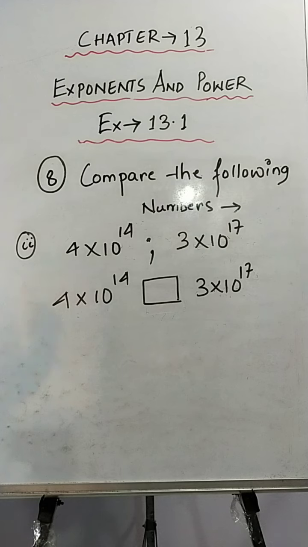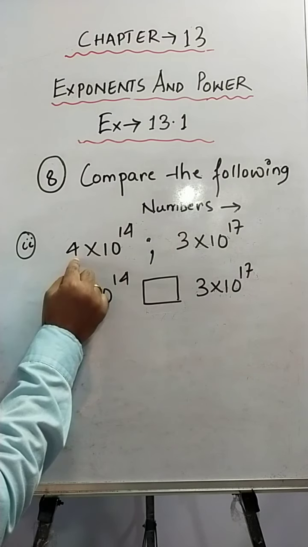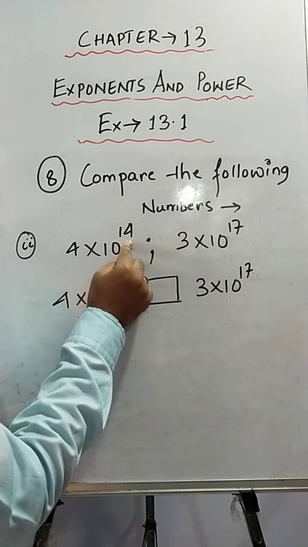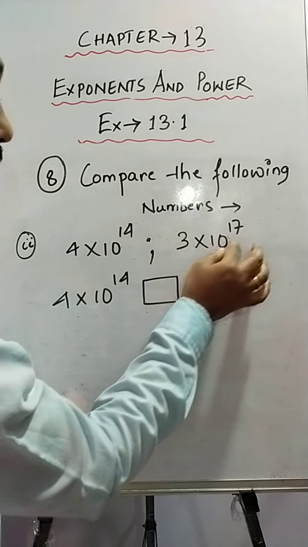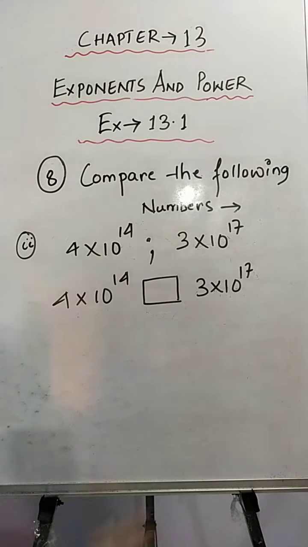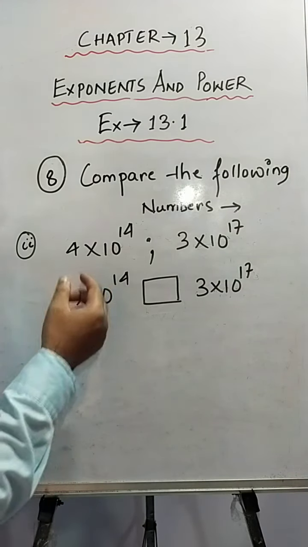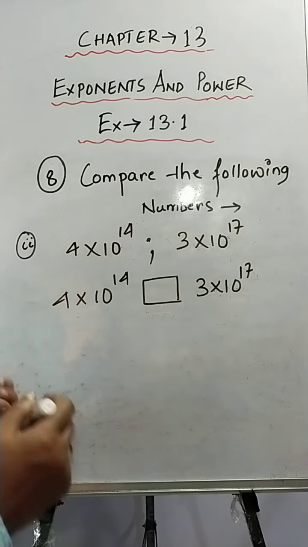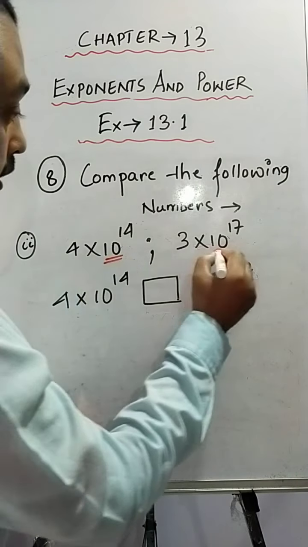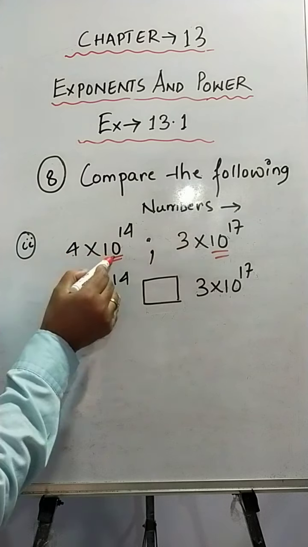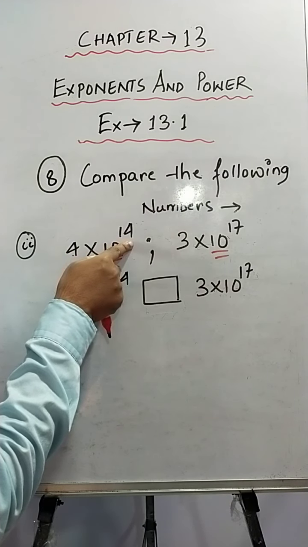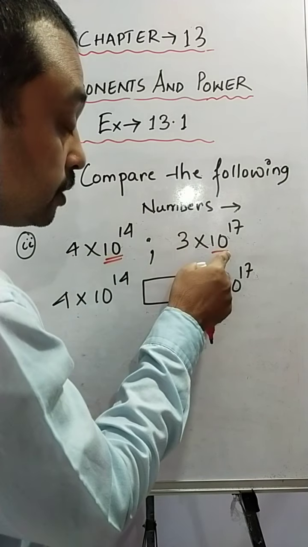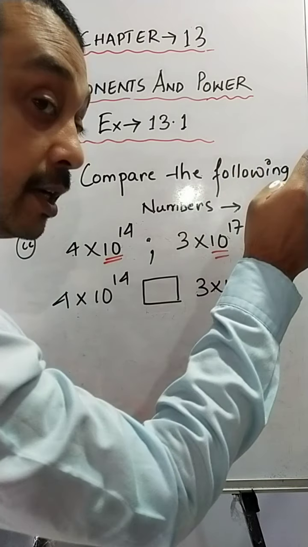Now in sum number 2, what do we have? 4 into 10 to the power 14, and the next number is 3 into 10 to the power 17. So I have made the box also. Now where do you have to concentrate? Yes, we have to concentrate here. 4 is carrying how many zeros? 14 zeros. And 3 is carrying how many zeros? 17 zeros.